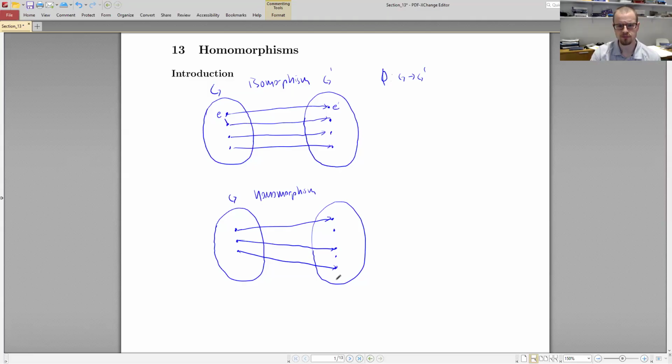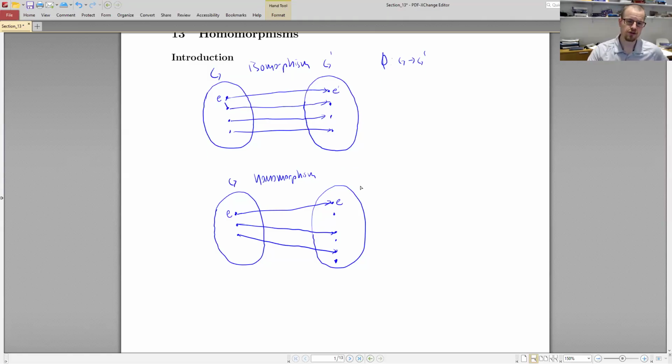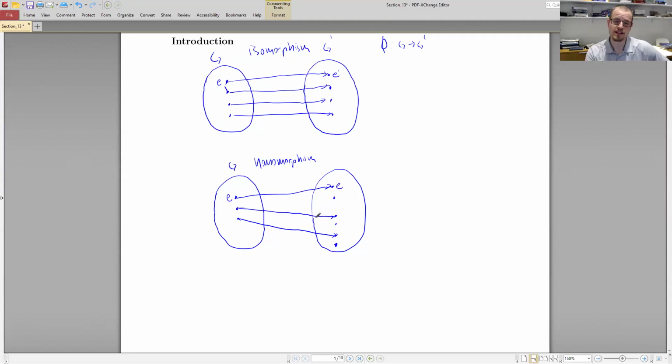Oh, no, I had the right number of elements. Okay, sorry. Anyway, so I mapped this over. Again, identity is still going to map to identity. That was a result of the homomorphism property, not a result of the bijective property. So we still get those sorts of things, and we'll still have that the image of a group is a group, and we'll still have that the pre-image of a group is a group, right? We're going to have all of these same sorts of results. It's really quite nice.